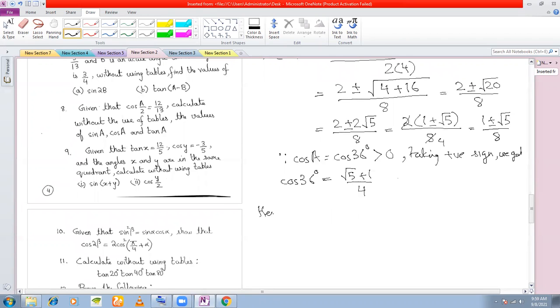Hence, sine 36 is equal to square root of 1 minus cos square 36.